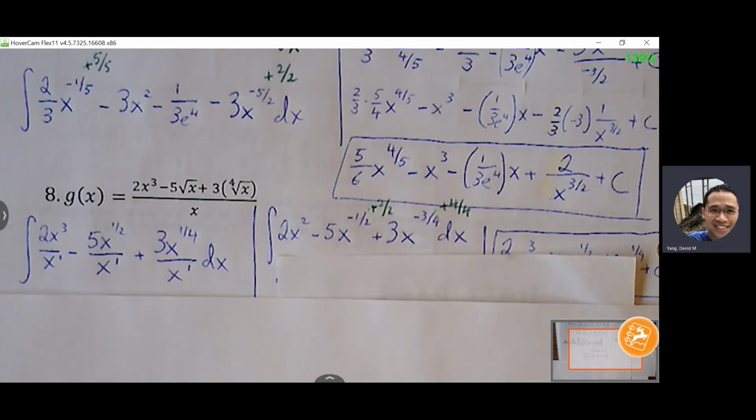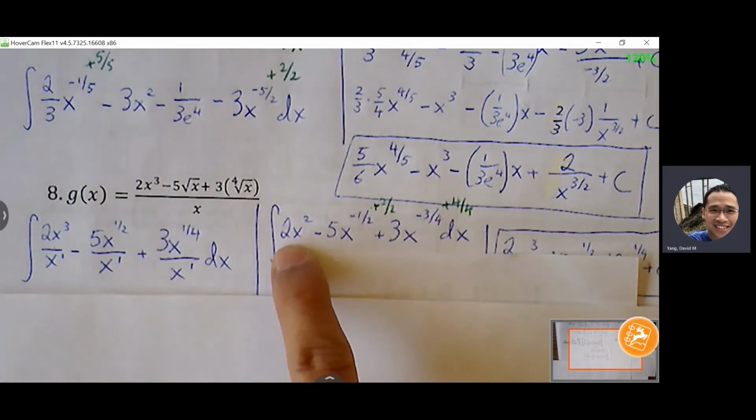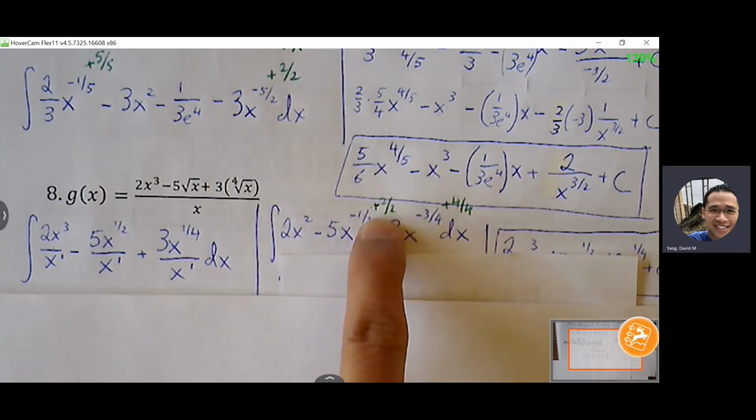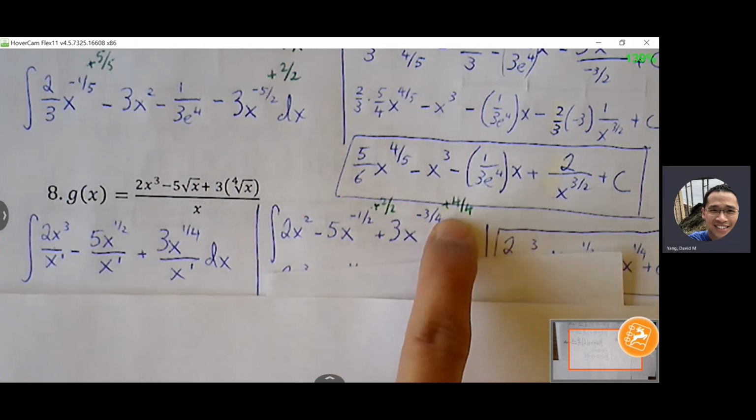And now, this is the place we need to be before we begin our power rule or calculus step. Every term needs to be nicely cleaned up, no parentheses, no radicals, no variable in the denominator. So now we can do power rule. X cubed over 3, we got to add 2 over 2, and then we got to add 4 over 4.